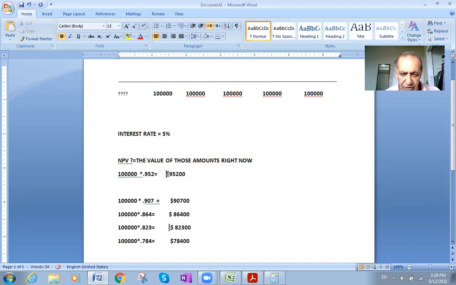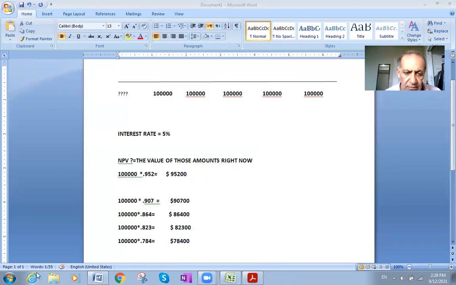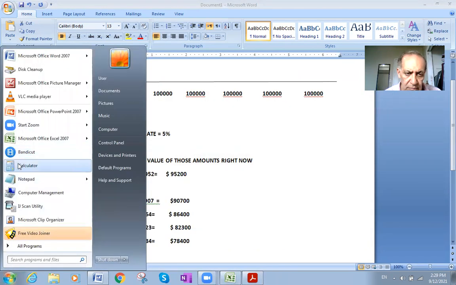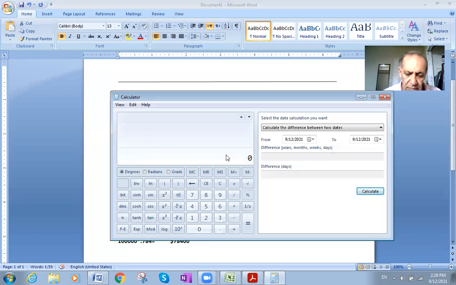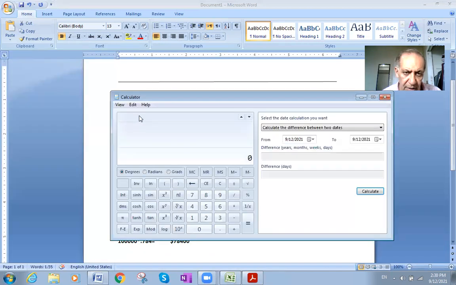So now we have the amounts of money here. We can take them and add them to each other, Control and C, and put them in the calculator. A regular, standard calculator, no problem.